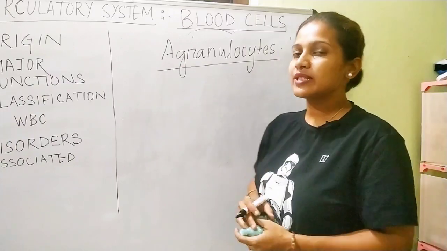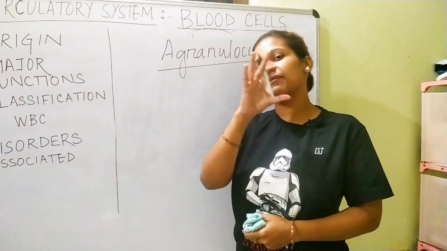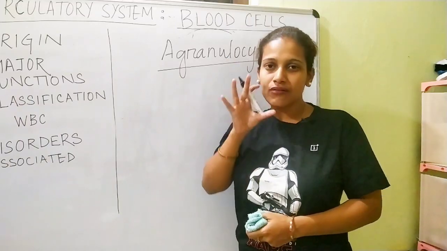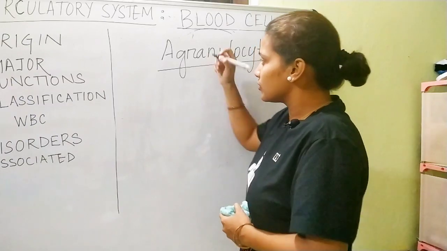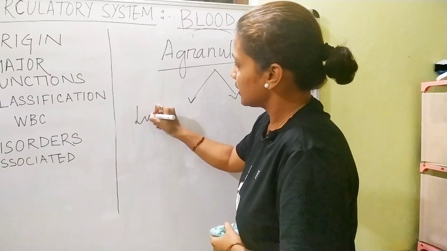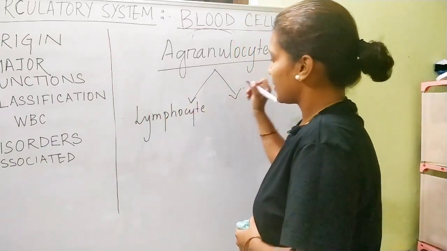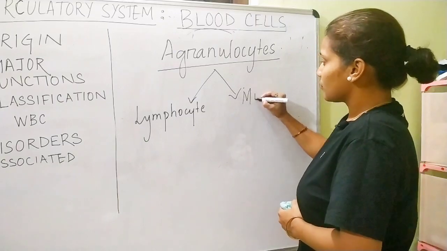Now agranulocytes means they lack granules. So you have a very clear picture of the cell along with its nucleus. They are basically of 2 types. One is your lymphocyte, another one is your monocyte.